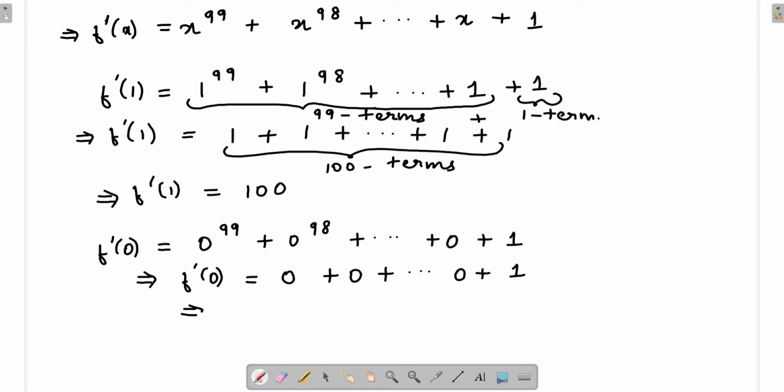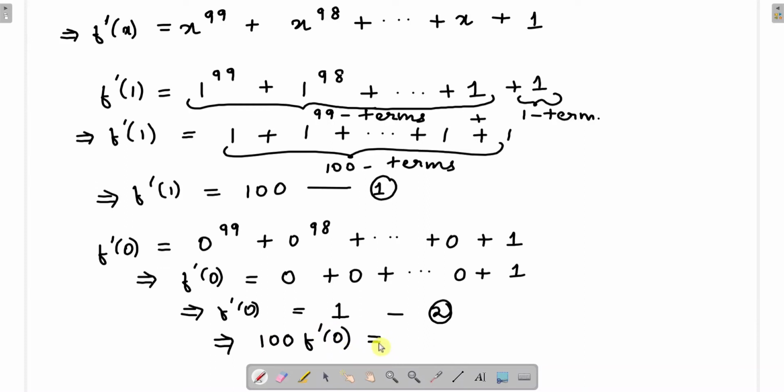So that means f prime of 0 is equal to 1.